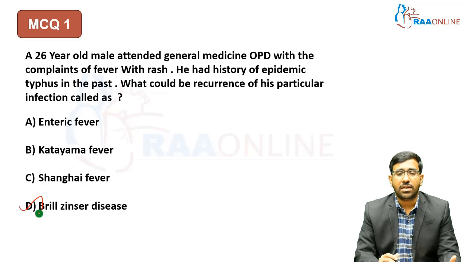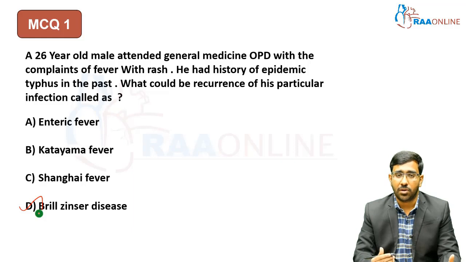This particular condition is called the recurrence of epidemic typhus. So that's Brill-Zinsser disease. Here the patient gets affected by epidemic typhus, and the patient goes into recrudescence, and after 1 or 2 years, the patient can develop infection or fever with rashes.